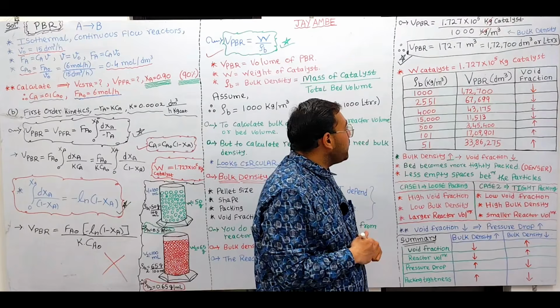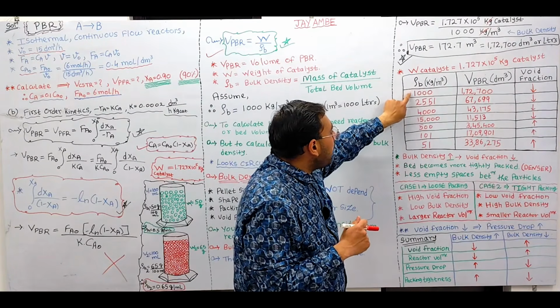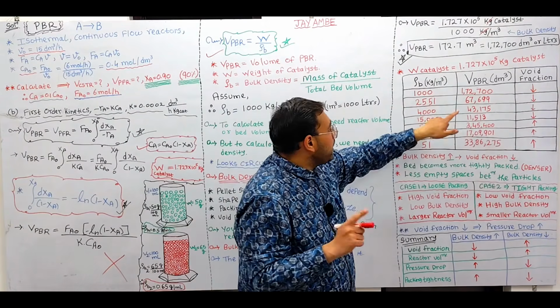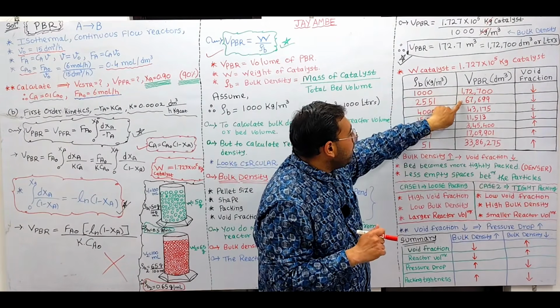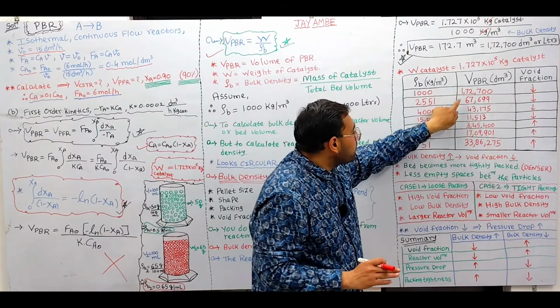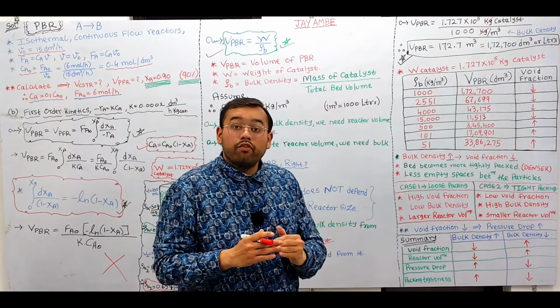Which means that by increasing the bulk density from 1000 to 2551, there is a decrease in the volume of the packed bed reactor from 1,72,700 to 67,699 cubic decimeter.